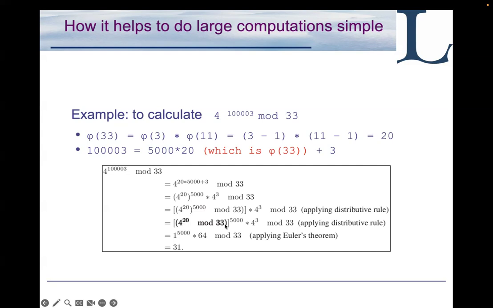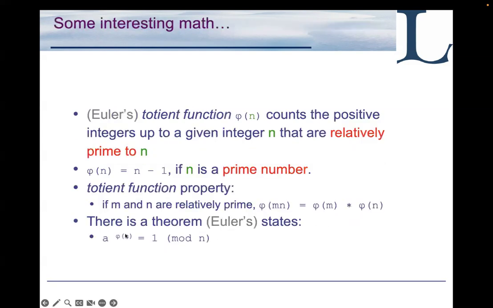And now this is very interesting: 4 to the power of 20 modulo 33. If we look at Euler's theorem, 33 is n, and 20 is phi of n. This theorem tells us that anything raised to phi of n, modulo n, boils down to 1.